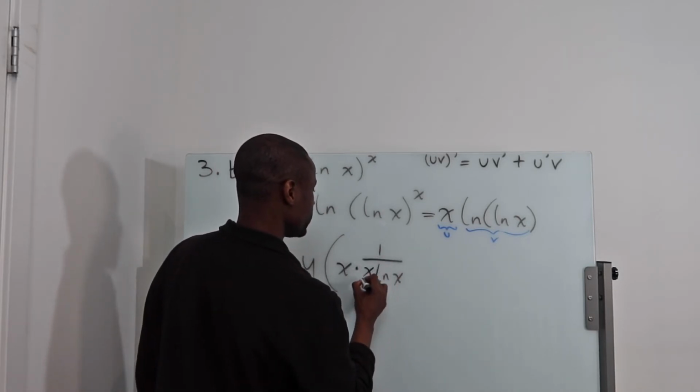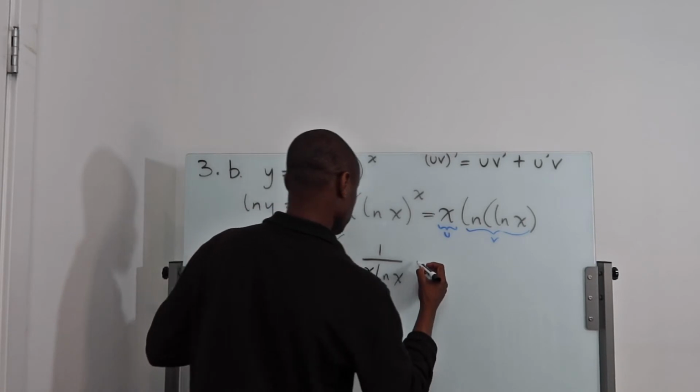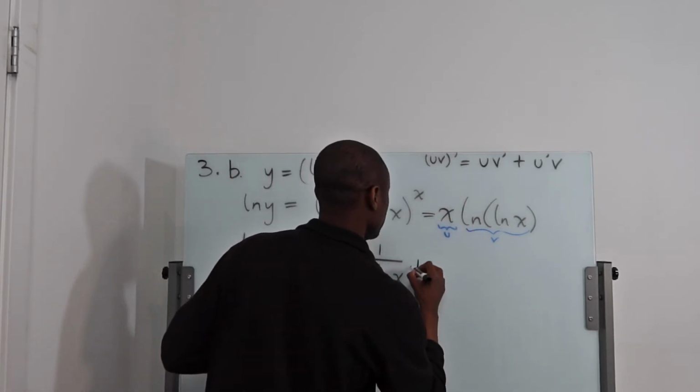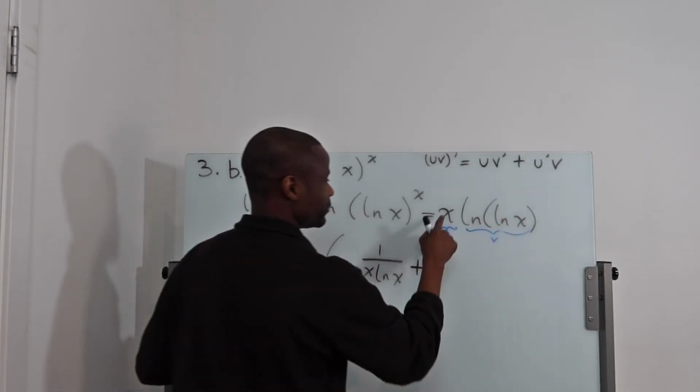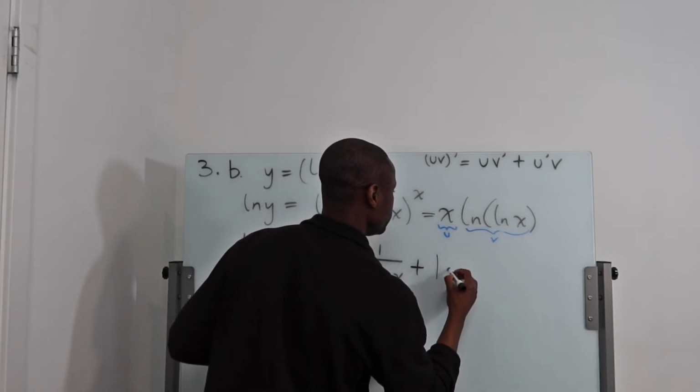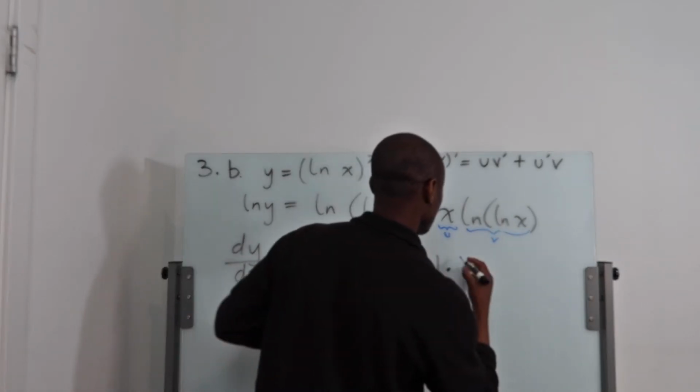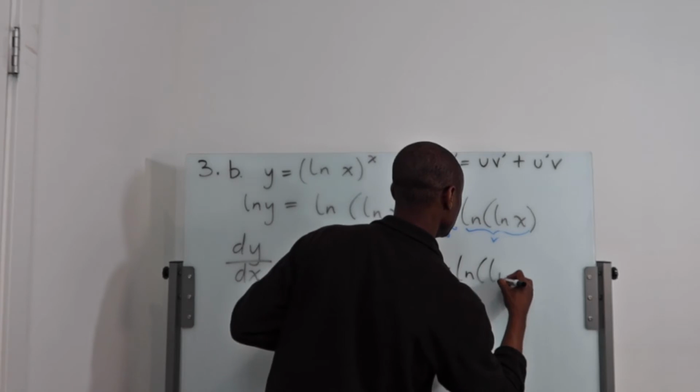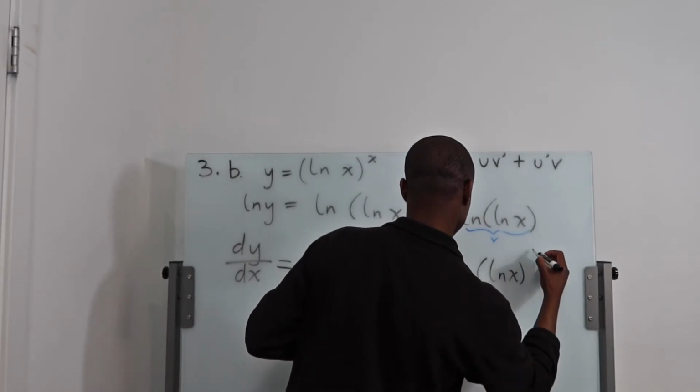So I'm just going to put the x over here. We're done with that. Now let's figure out the derivative of u. The derivative of x is 1 times v, so the whole quantity, natural log of the natural log of x.